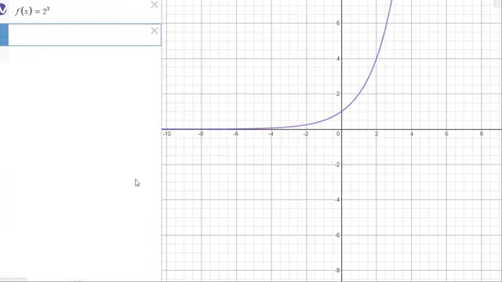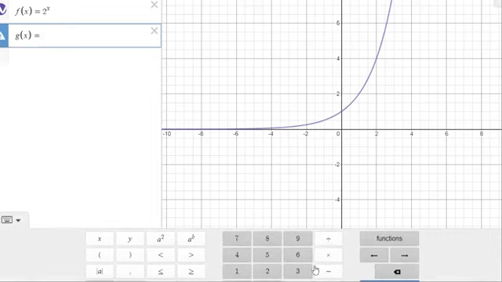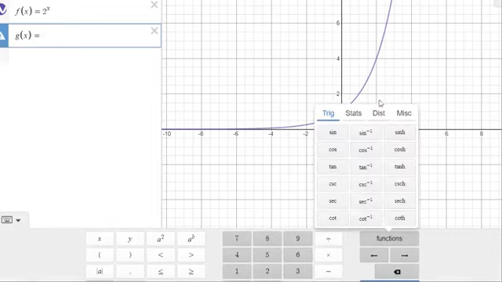So now let's graph the logarithmic function right under it. So this is going to be g of x equals log, and we're going to let the base be 2. So actually, I'm going to back up a little bit. I'm going to bring up my keyboard.